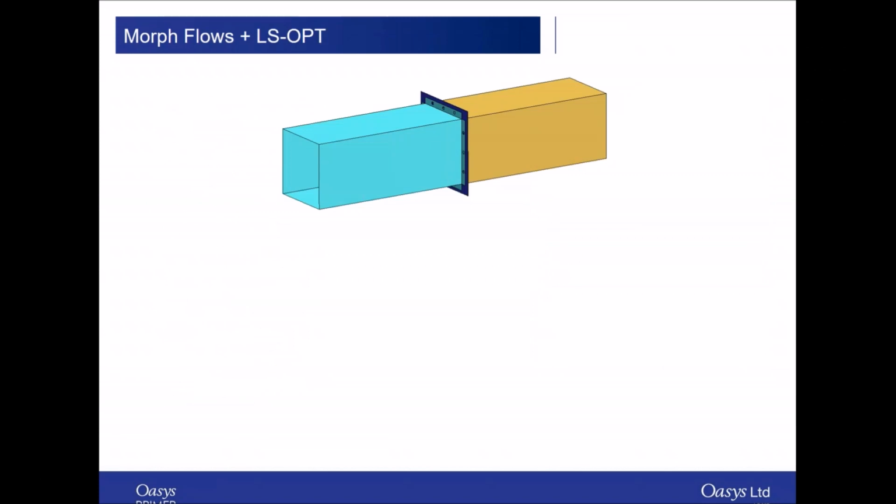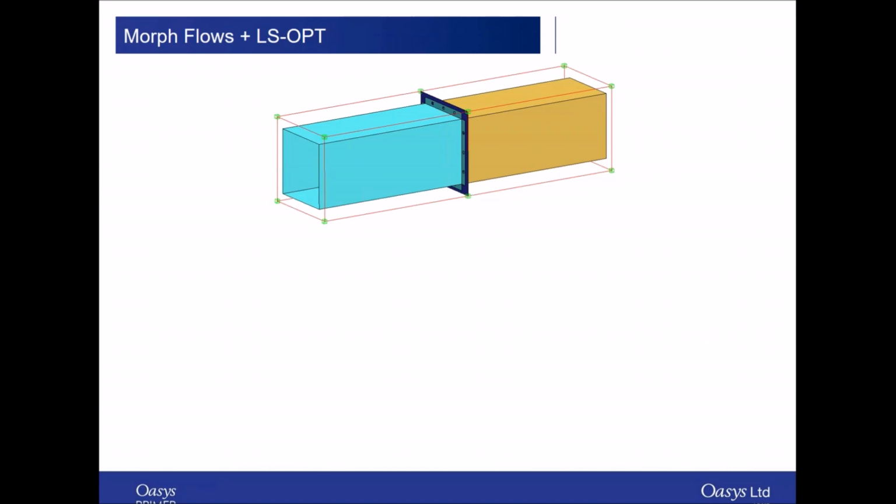Let's say you have a crush tube that looks something like this. You've got two parts to it, which are different material properties, and you want to optimize the length of these two different parts to achieve a particular energy absorption target. So what you can do is you can create, first of all, a morph box around those parts.